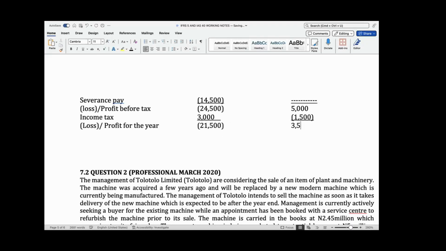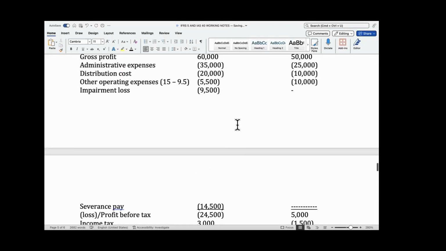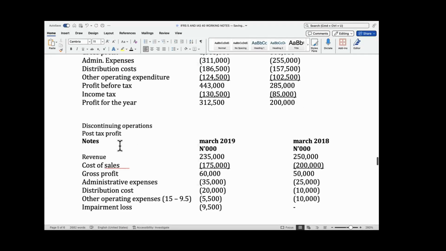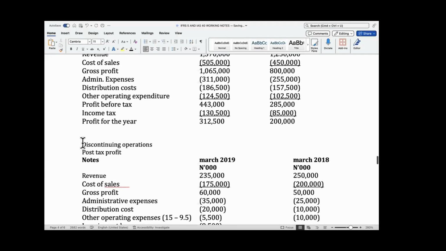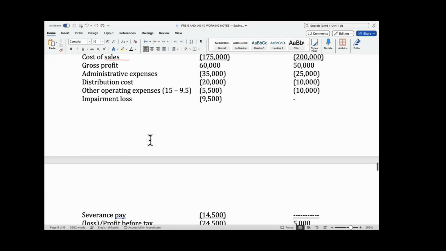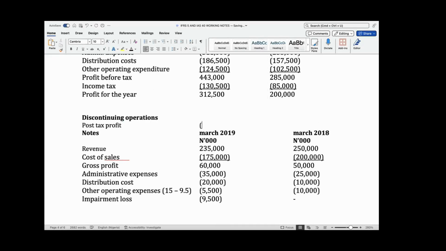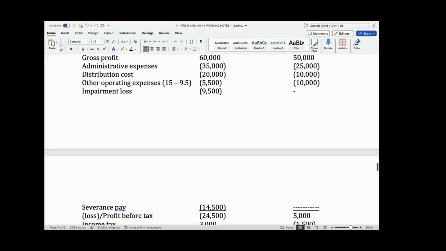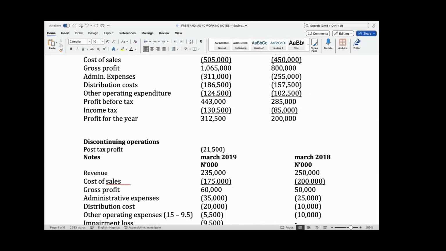And this is 3,500. So I can come here, discontinued operations, loss of, and this will give me 3,500.